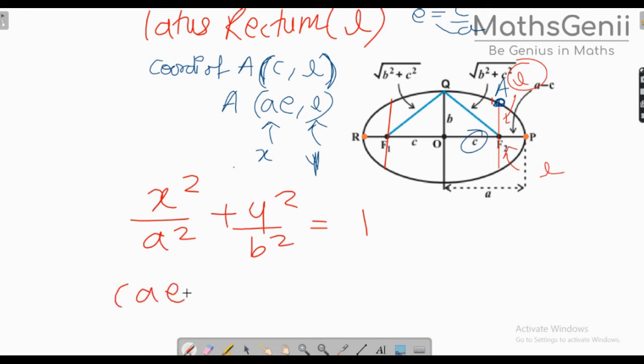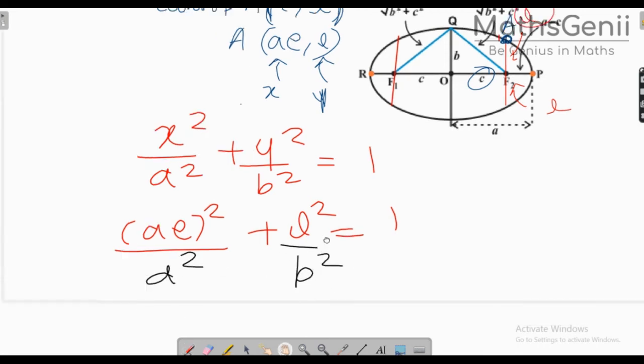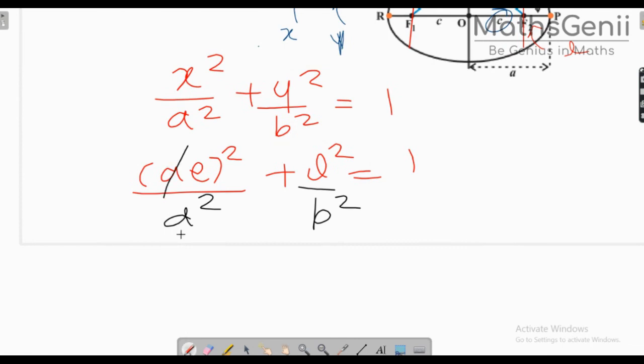X is ae, square upon a square, as it is. Y is l, square upon b square, as it is. So a square and a square get cancelled. What is remaining is e square plus l square upon b square is equal to 1.